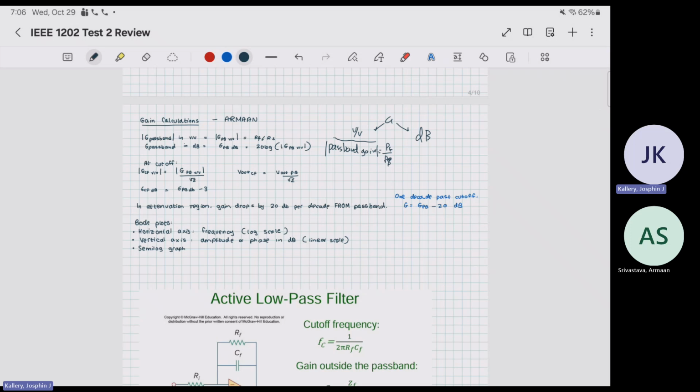But we're only concerned with the magnitude, that's why there's no negative. If you want to convert volts over volts to decibels, then A, which denotes our gain in decibels, is 20 times log base 10 of our gain in volts over volts.